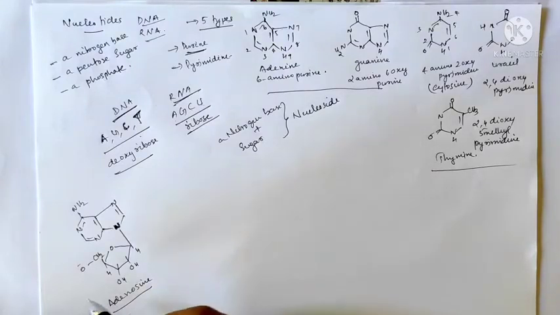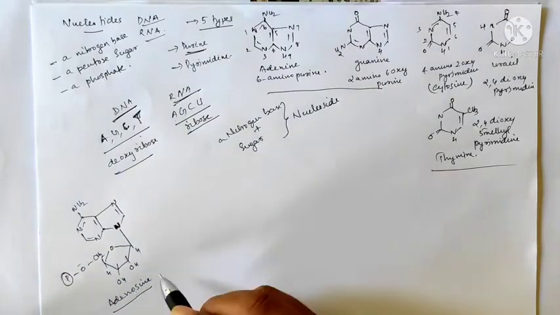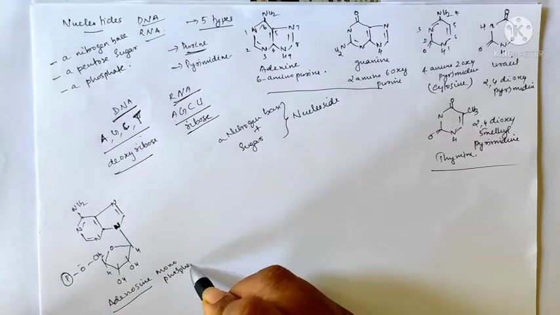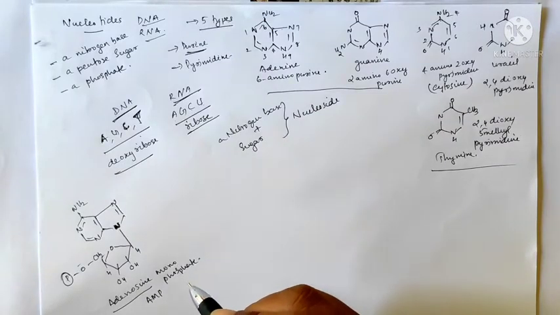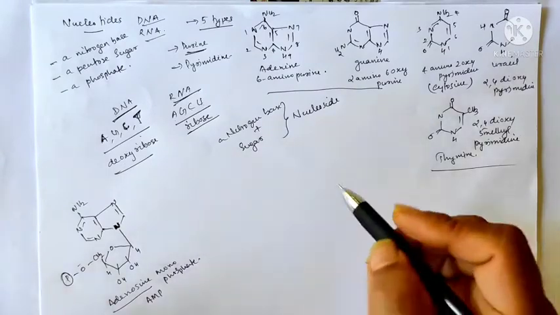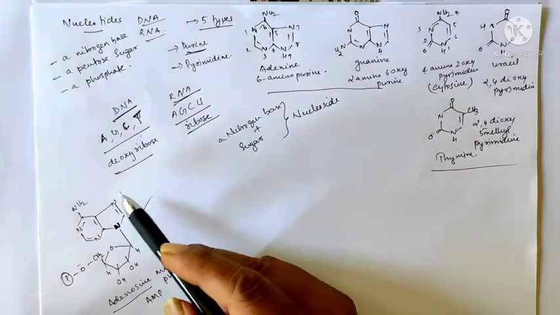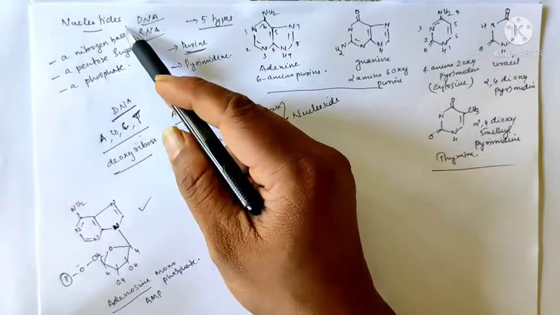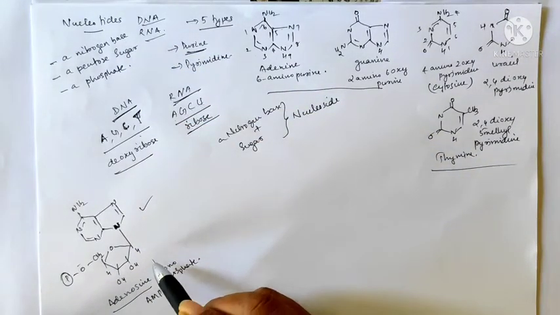Then at the 5th position, if a phosphate group joins, it becomes adenosine monophosphate, or AMP, or we can call it adenylate. So this is the structure of an adenine based nucleotide present in RNA. Why? Because it is a ribose sugar.